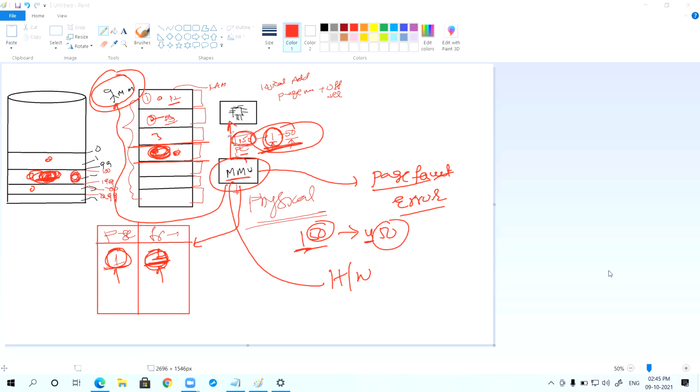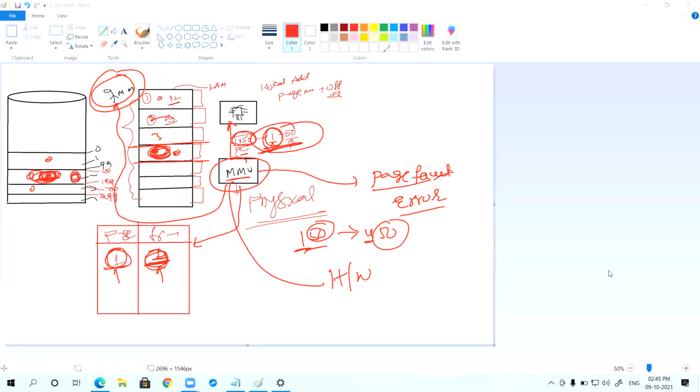Once the page table is updated, it will get the frame number. Then it will convert that logical address into the physical address and give it to the CPU. Then the CPU will execute.